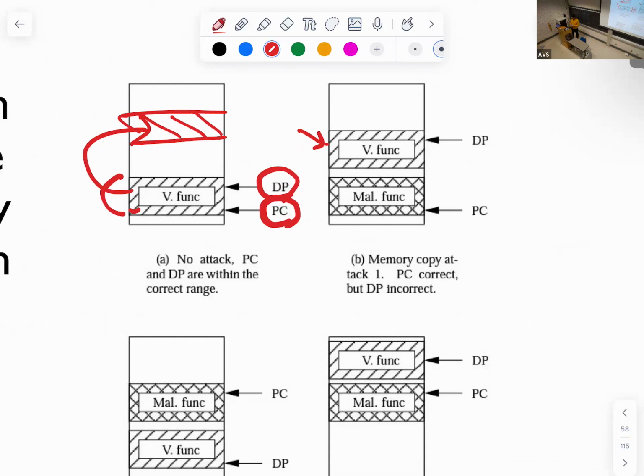If I change anything in the verification code, it immediately becomes malicious code. But in order to pass the test, whenever I want to compute the hash, although I'm running it from here, instead of computing the hash over this content, I'm computing the hash over this content. In other words, my data pointer, my address pointer, is pointing to somewhere else in the program. So that's another option.